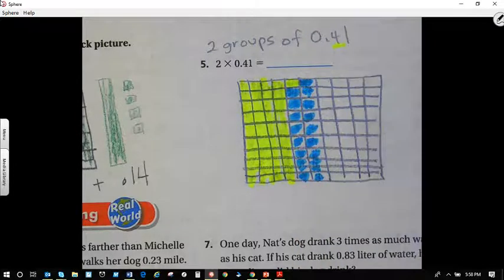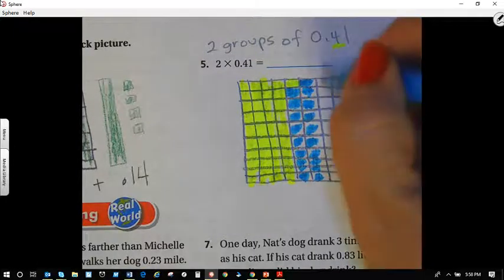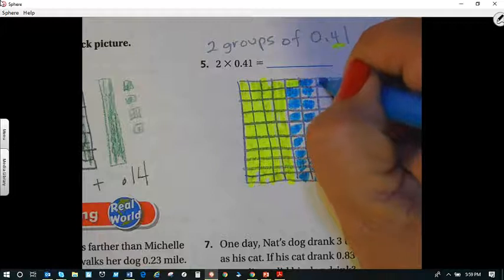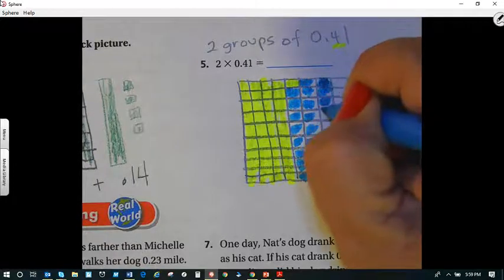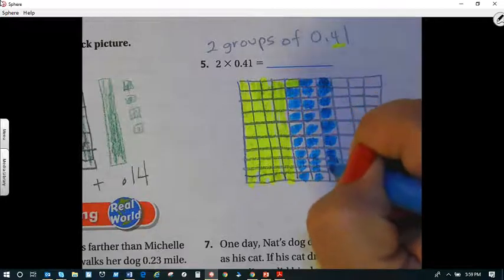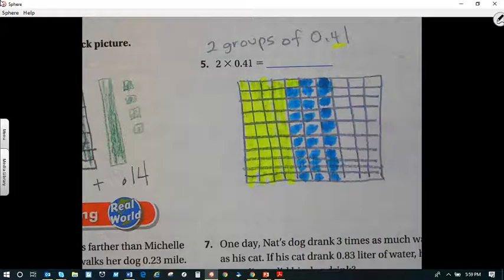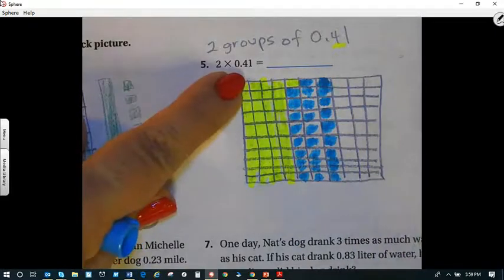Okay, so that's 10 plus 9 is 19. I can keep going. I can add another group of 10, that's 29. So now I have 10, 29, and I can still add another group of 10 because I need to get to 41.